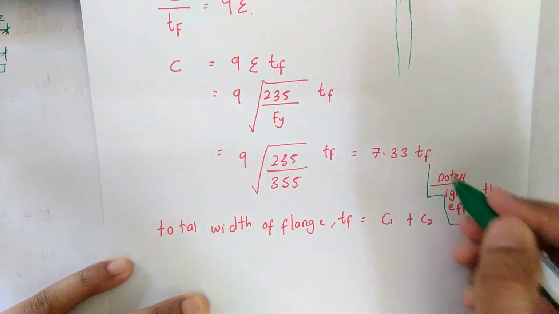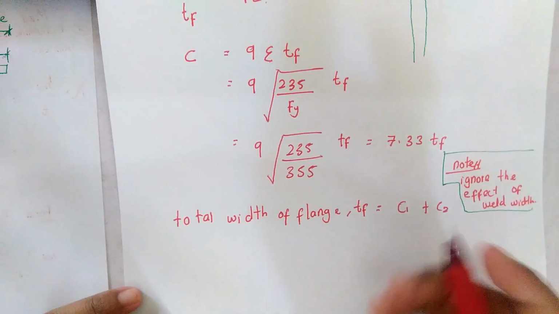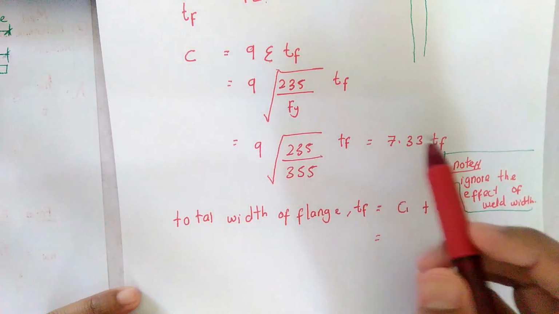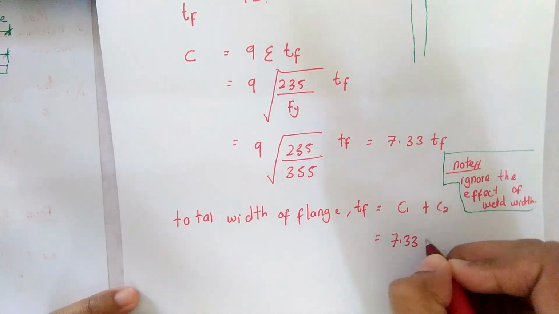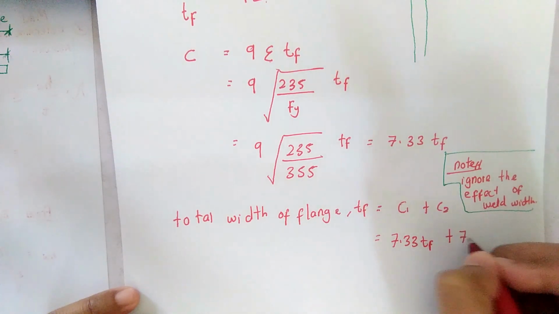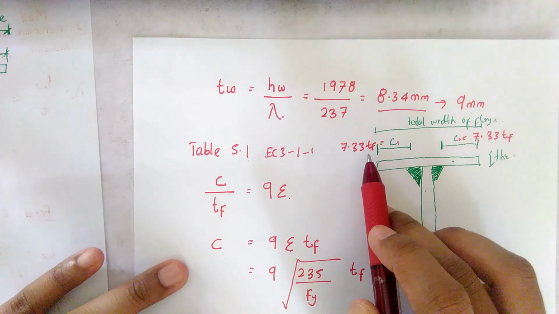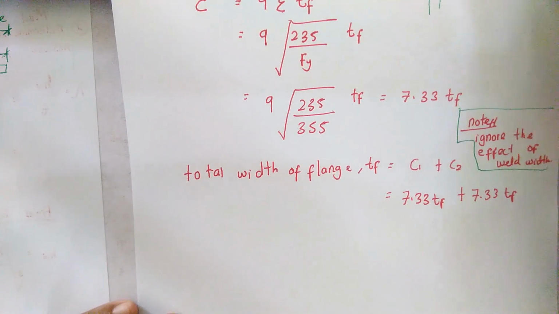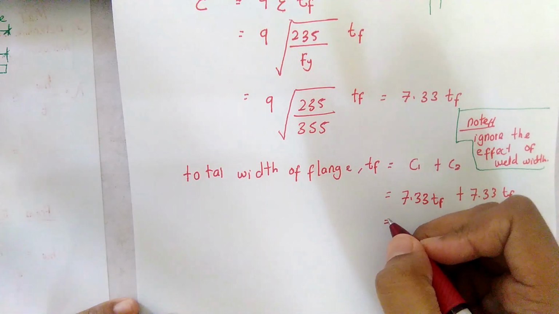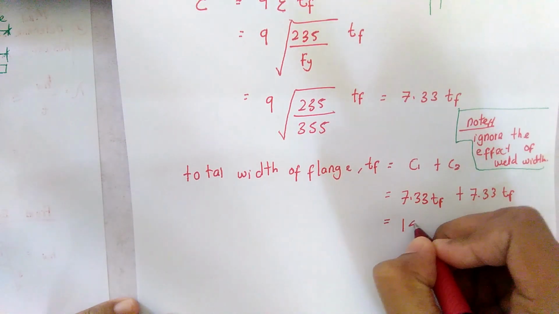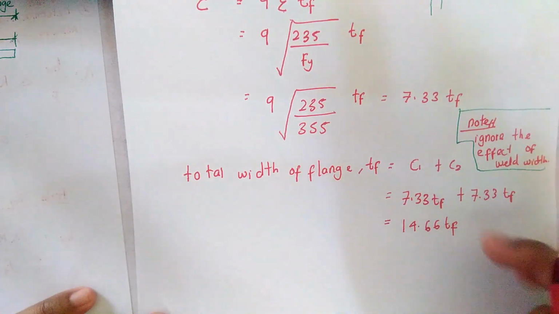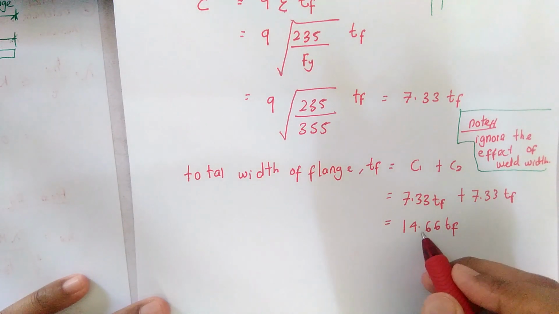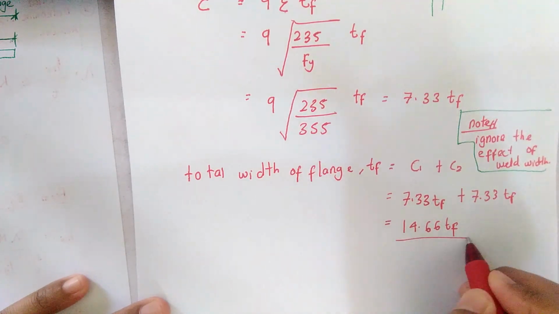So since your C is 7.33 TF, you have 7.33 TF plus 7.33 TF, and finally you end up with 14.66 TF. So the total width of the flange is 14.66 TF.